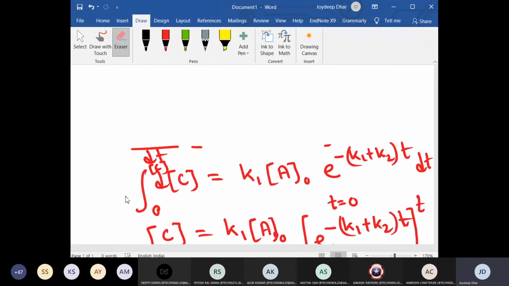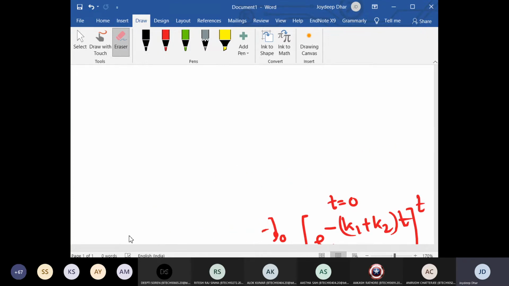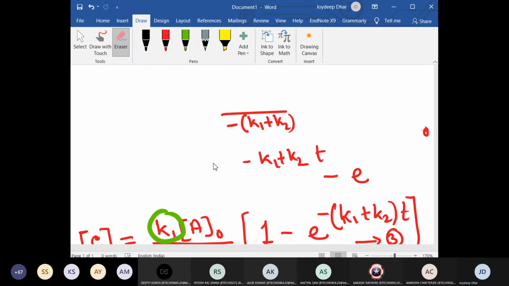When you have the reactions are reversible, so many reactions, those are reversible in nature. So industrial processes as well as any laboratory based reactions also, those are having reversibility.